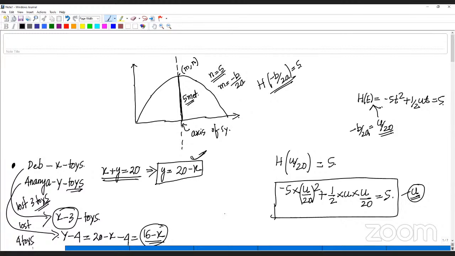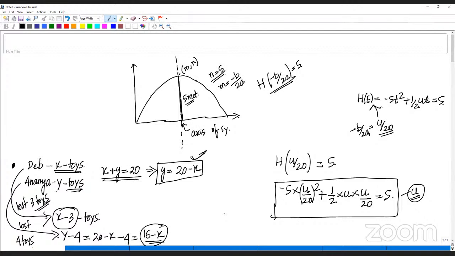Ananya has y toys, so why did you write 20 minus x minus 4? Because see, in the beginning, if you see the first line, how we have started this question: Ananya has a bunch of toys and Deb has a bunch of toys, right? Yes, sir. So suppose Deb has x number of toys, right?